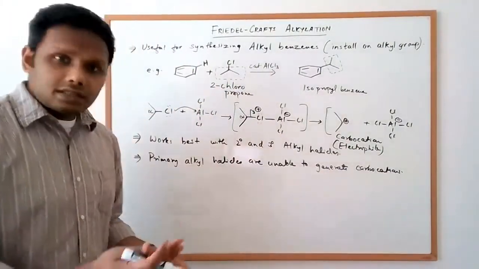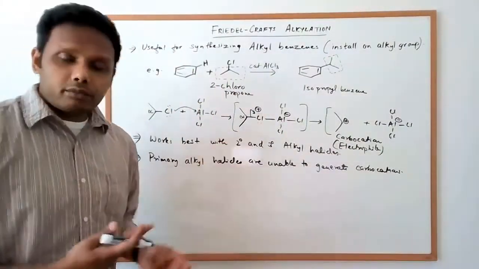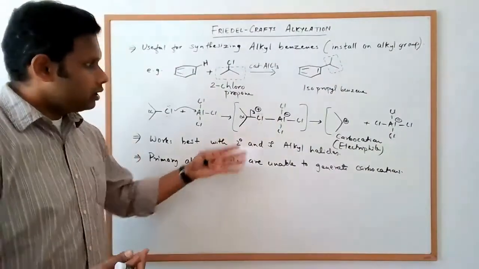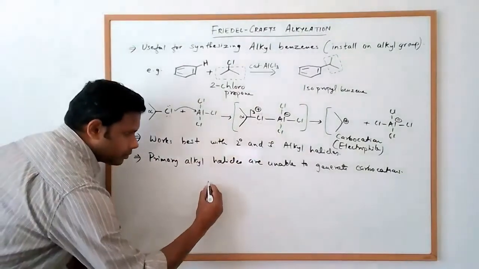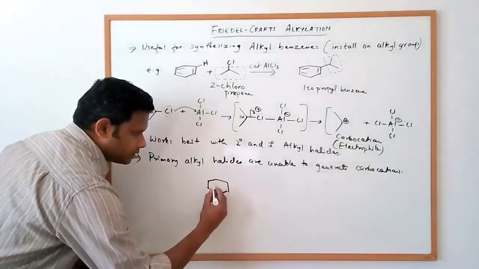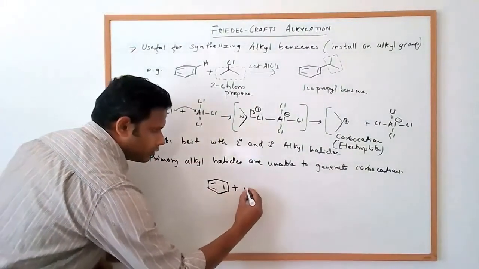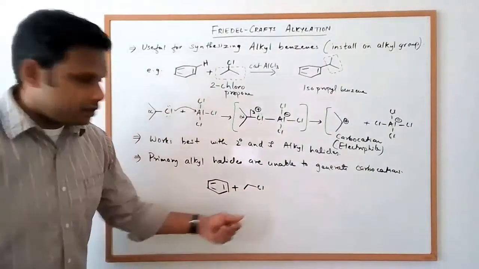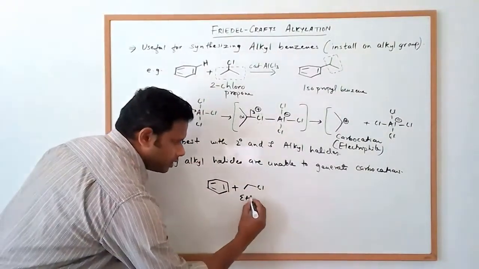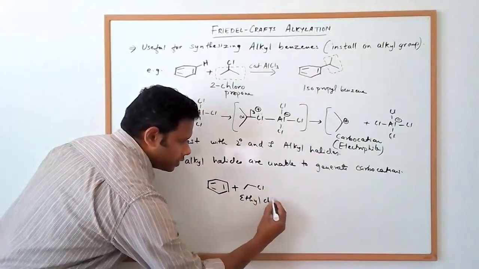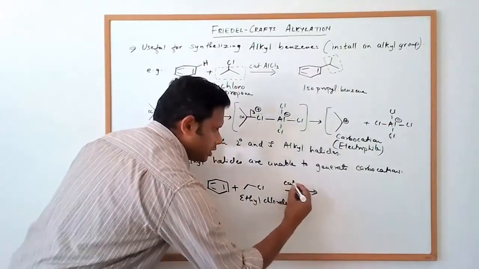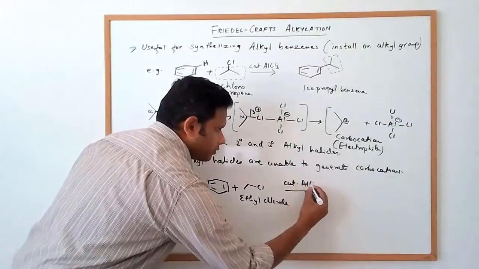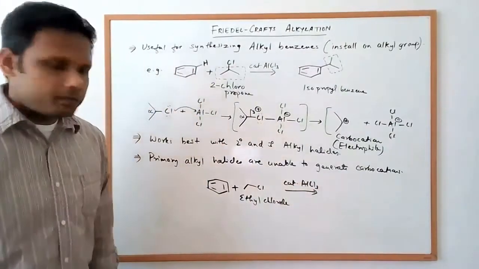But even then, some reactions of primary alkyl halides with benzene have been noticed. For example, you can react benzene with ethyl chloride. Okay, this is a primary alkyl halide now. You can react benzene with ethyl chloride using a catalytic amount of aluminum trichloride.